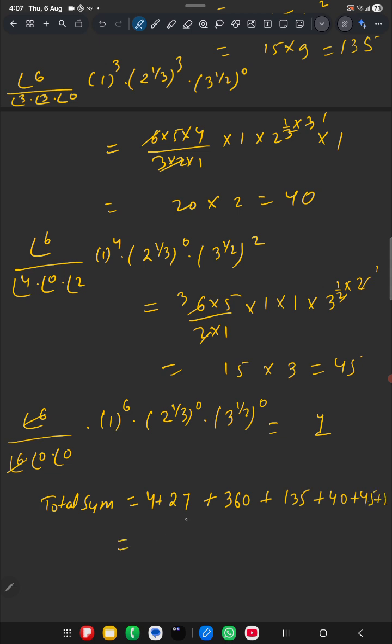So you will add it: 4 plus 1 is 5, 5 plus 45 is 50, plus 40 is 90. So till now 90. 90 plus 360 plus 162, that is 27 plus 135. So you will get 612. 612 is your answer.